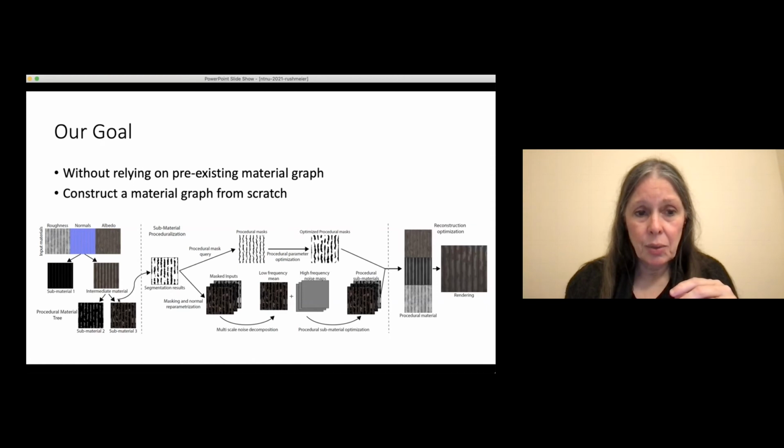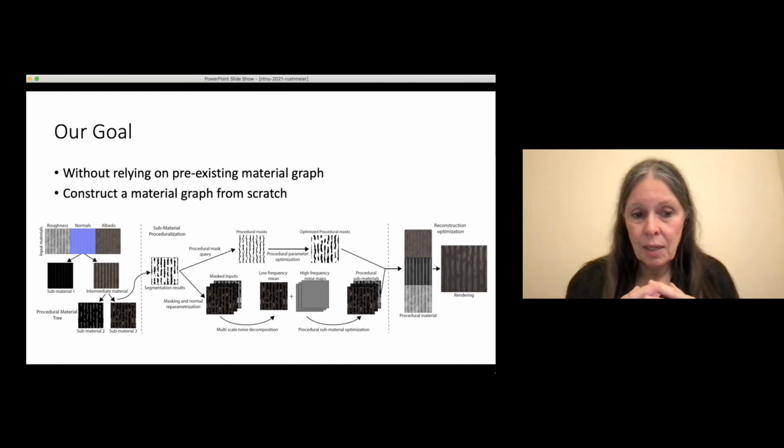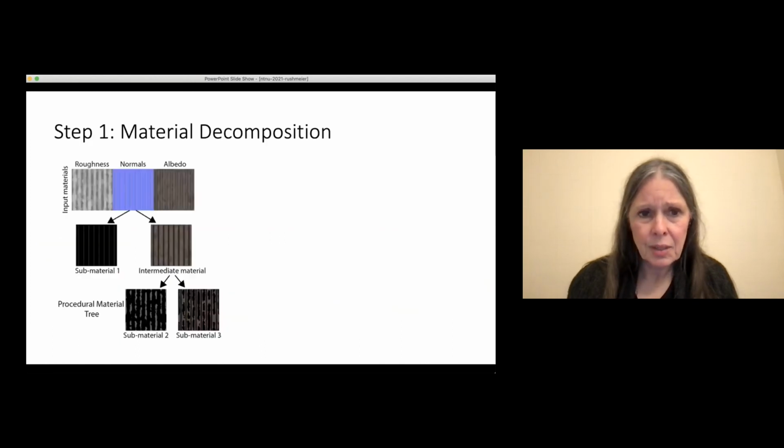And what we're going to do is divide these into submaterials and then find procedures for each of those submaterials. But ultimately, this is going to be restricted to the class of submaterials that can be described by noise functions. So to step through this, first of all, we have to decompose the material.